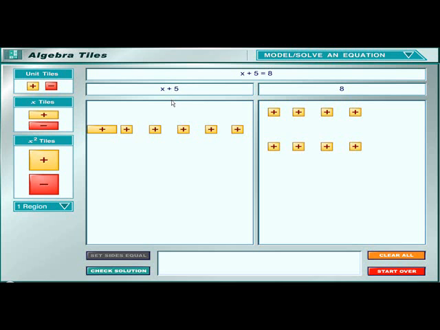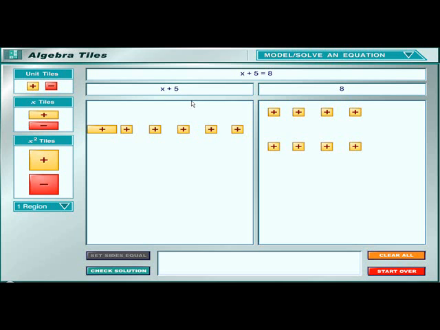The rule for equations is you must do whatever you do to one side of an equation, you must do to the other side. We must use inverse operations then on both sides. Remember, inverse operations is using the opposite operation that is given.